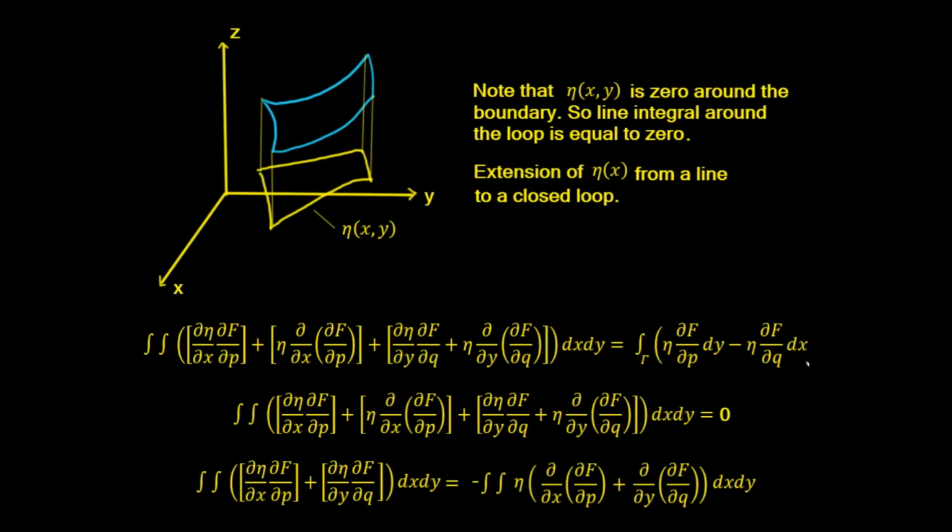So I've taken a copy of the last equation we've seen on the last page, and that's this here. Now a thing to note is that this function eta of x and y is going to be exactly 0 around about its boundary.